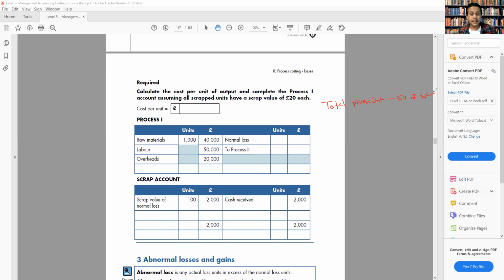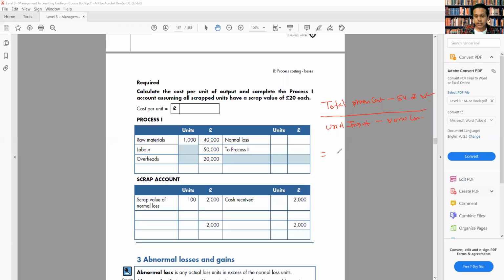But if the question said there is a scrap value, then you have to do it. And on the bottom, we have unit input, how many unit you input for the process, minus the normal loss. So this formula you have to remember. There is few formulas from this chapter that you have to memorize.